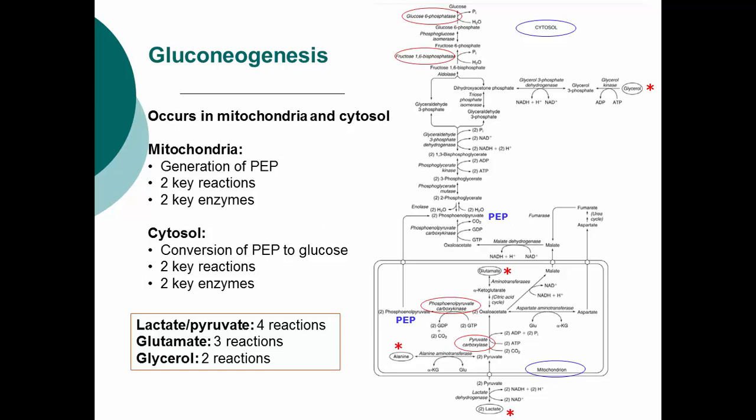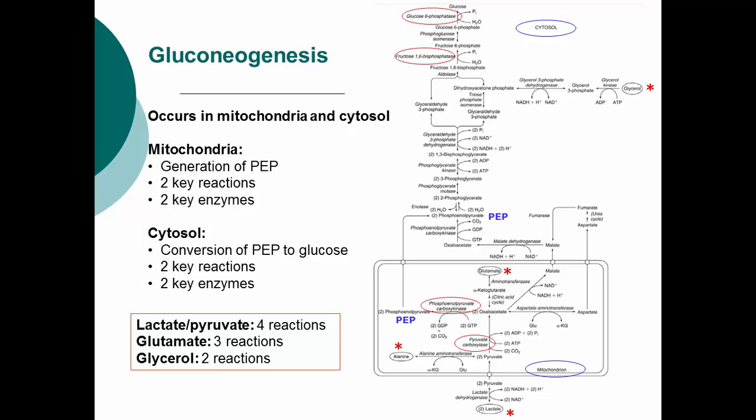What you try to remember is that in the mitochondria there are actually two key reactions, right? Two key enzymes. And in the cytosol, also two key reactions, key enzymes. This is sort of a typical gluconeogenic pathway.